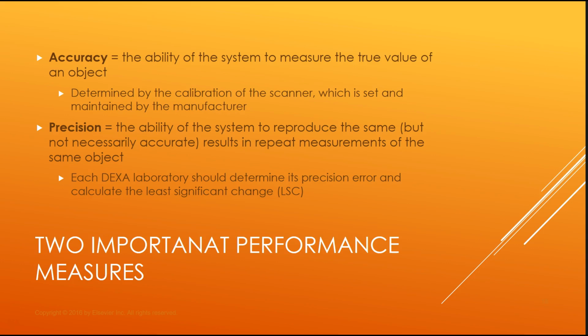It's the ability of the system to reproduce the same results in repeat measurements of the same object. Each Dexa lab should determine its precision error and calculate least significant change. But more importantly, precision comes from the tech positioning the patient exactly the way that they did in the baseline scan.